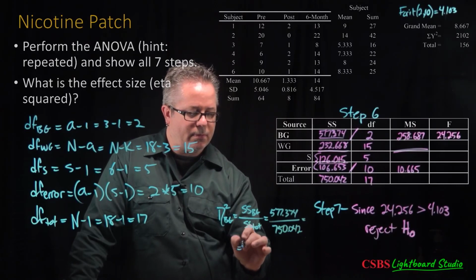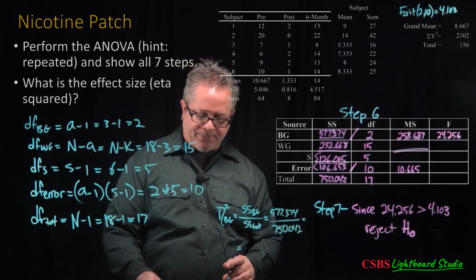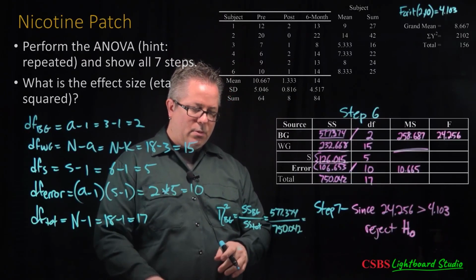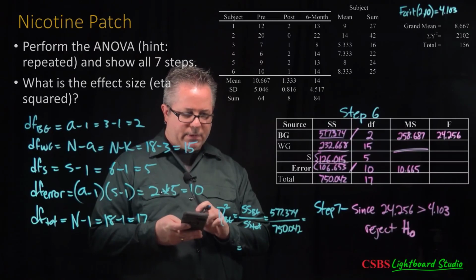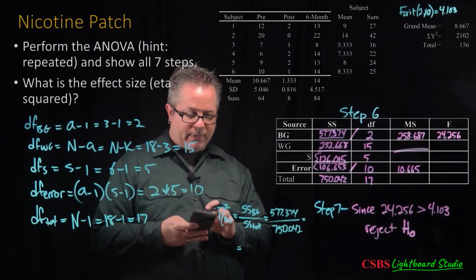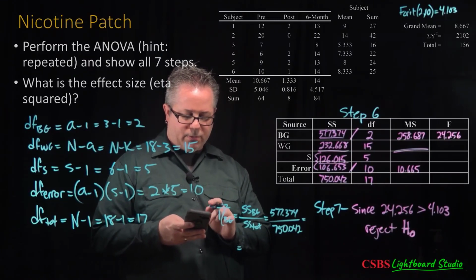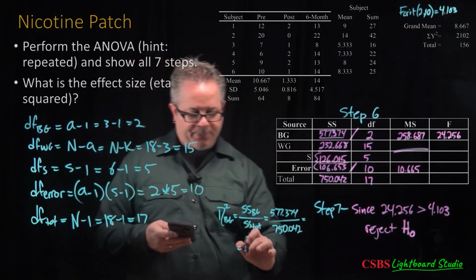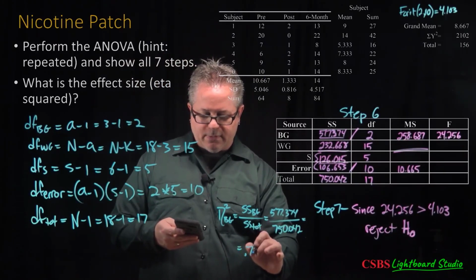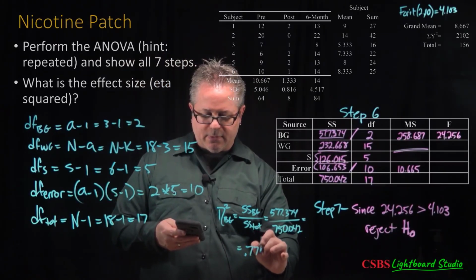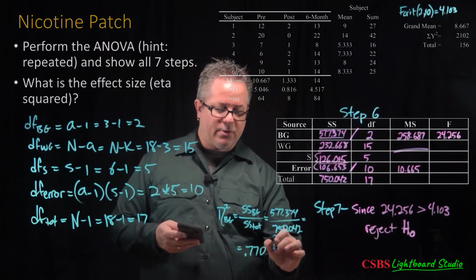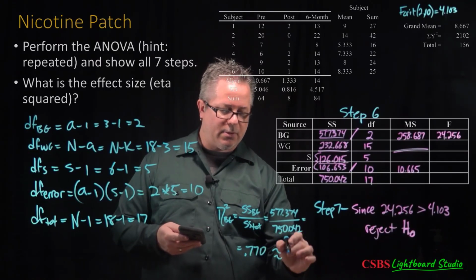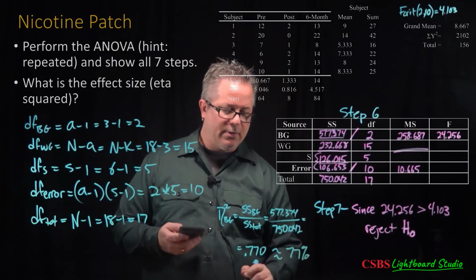So what is that equal to? 577.374 divided by 750.042 equals 0.770, which means that this roughly equals 77%.